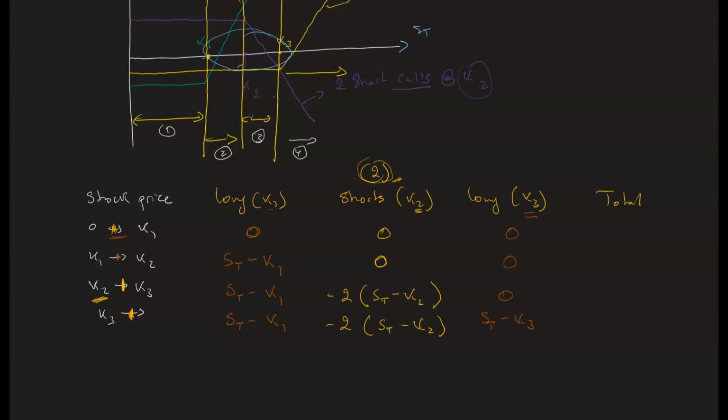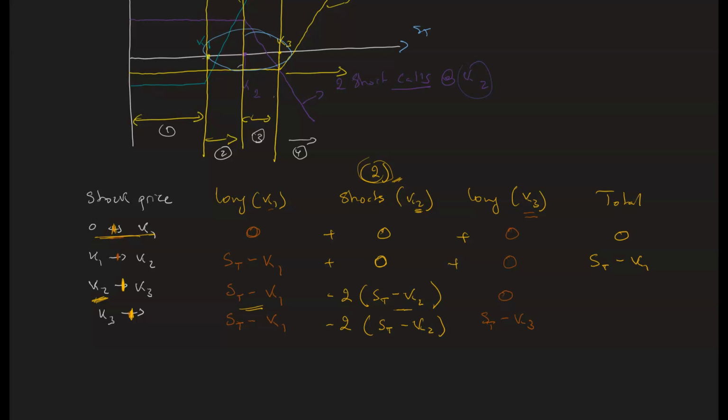Now, what is the total? Well, the total here for the first outcome is always going to be equal to 0, because that's the sum of these three positions. For the second outcome, we're going to have stock price minus the first strike price on the long call. And for the third outcome, it is essentially going to be the sum of this: stock price minus strike price 1, plus 2 times stock price minus strike price 2.